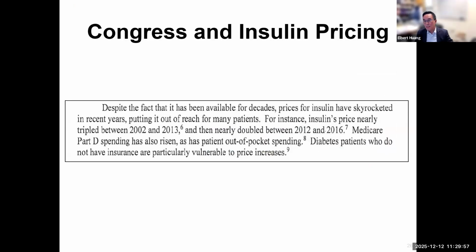So what's happened since is that there are now insulin out-of-pocket cost laws passed across multiple states. And then the federal government's Inflation Reduction Act, which was passed during the Biden administration, also puts a cap on insulin prices. And on top of that, all three manufacturers have voluntarily reduced the price of their insulin product.